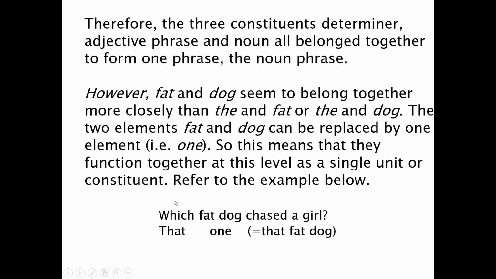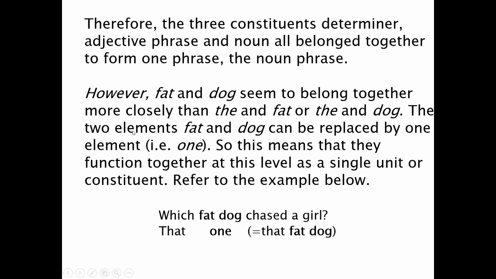Therefore the 3 constituents, determiner, adjective phrase, and noun, all belong together to form one phrase, which is the noun phrase. So once again, a noun phrase can consist of 1 word, 2 words, 3 words, 4 words, but necessarily it contains the head noun.